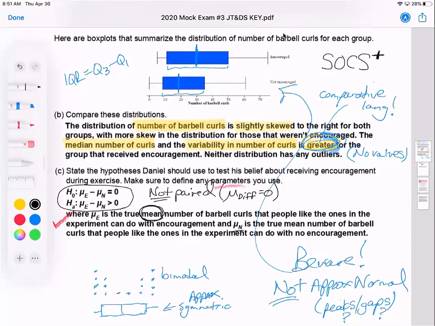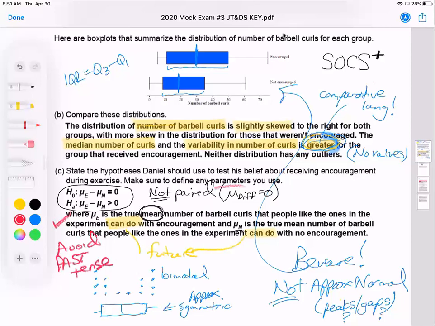Notice also it's in a kind of future tense: they can do. So be careful to use future tense or present tense. Avoid past tense.